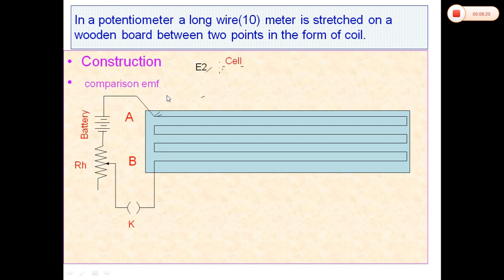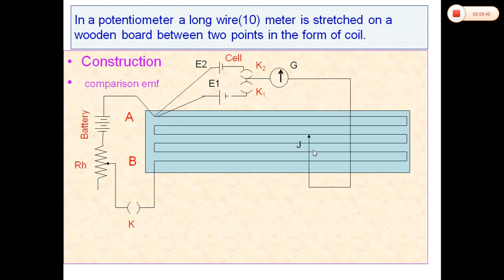Now the point A is connected with the positive terminal of both the cells whose EMF is to be compared, and the negative terminals of both the cells are connected with a two-way key K1 and K2, and the common terminal is connected with a galvanometer G along with a jockey J.